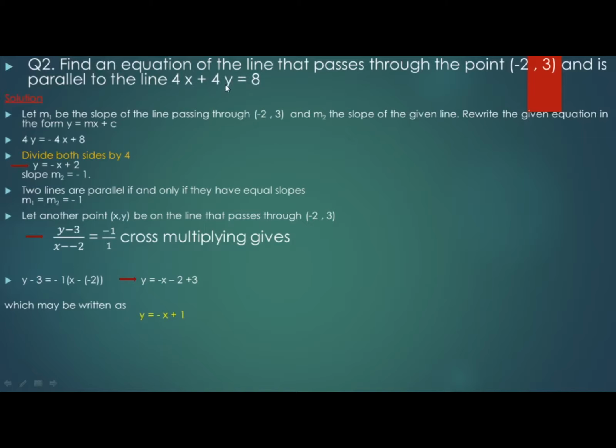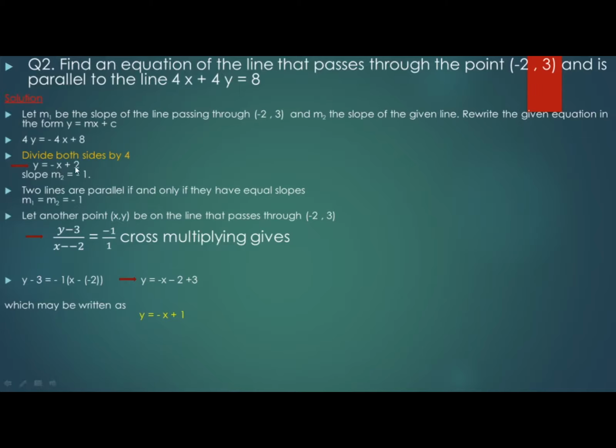You maintain 4y on the left hand side, and take this to the right hand side, so it becomes negative: 4y equals -4x plus 8. You divide by 4, and therefore y equals -x, because -4 divided by 4 is -1, plus 2, because 8 divided by 4 is 2.